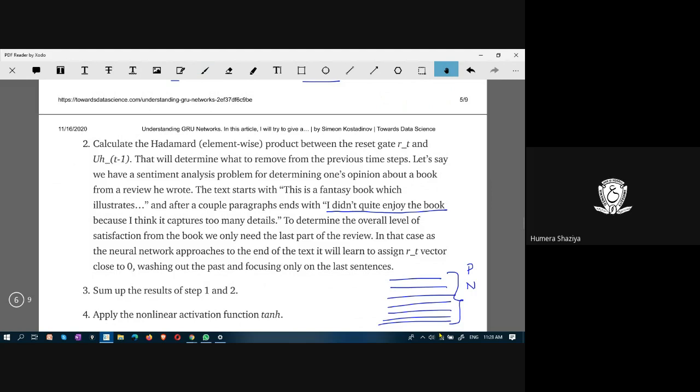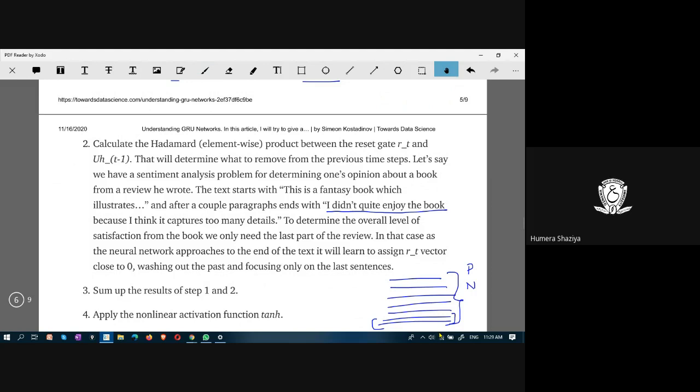Although there are some positive lines, however, it concludes with a negative remark. So to determine the overall level of satisfaction, we have to remember this last part. Even if we forget all the previous lines, it does not matter. So here, essentially, you can reset the previous lines, and this last line you can retain.